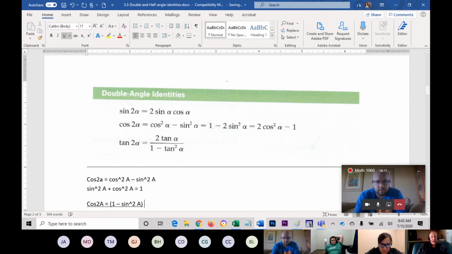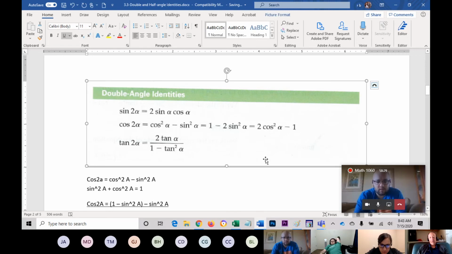Then we're subtracting the sine squared of alpha. So minus the sine squared of alpha minus the sine squared of alpha is minus 2 sine squared of alpha. If I get rid of my parentheses, this is equal to 1 minus 2 sine squared of alpha.